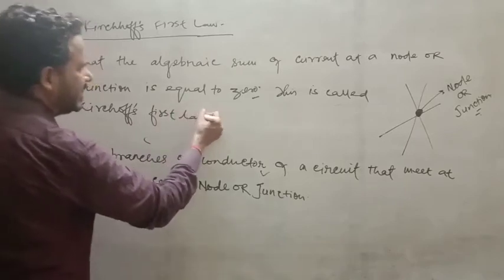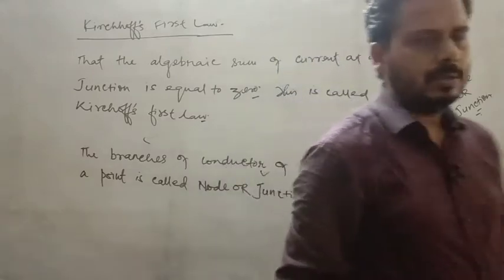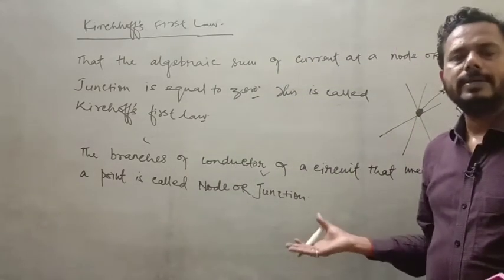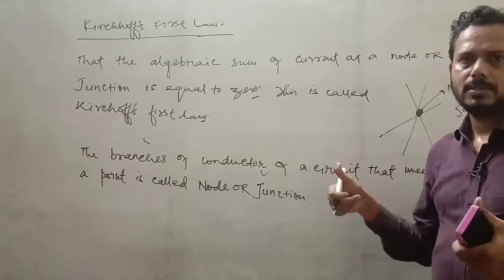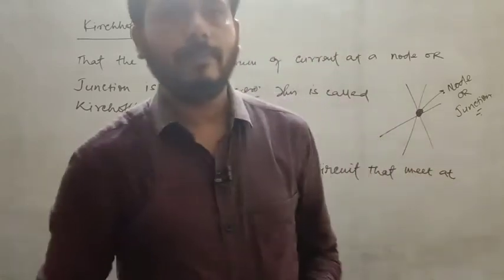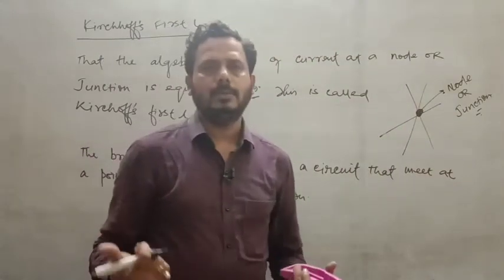You can say anything, either first law, junction law, node law or current law; everything is Kirchhoff's first law, where you have to take the algebraic sum of all currents at a node or junction.